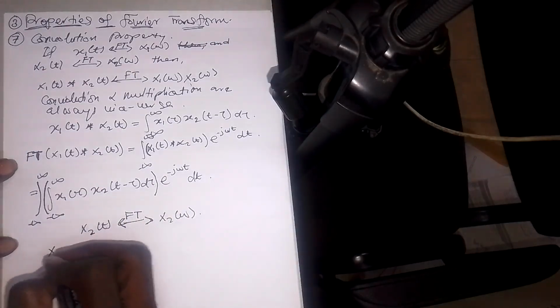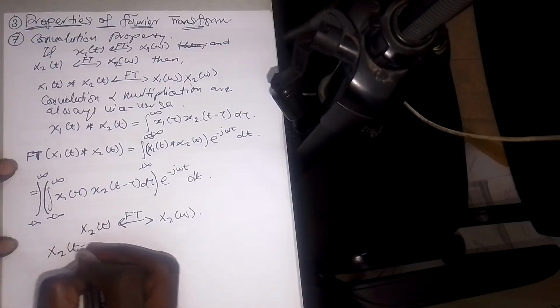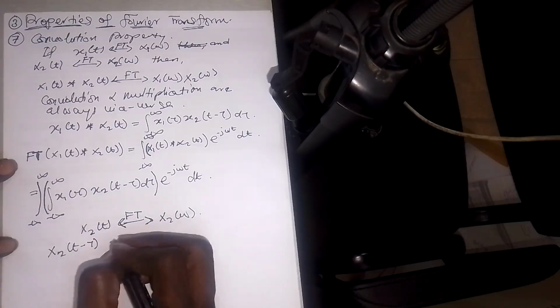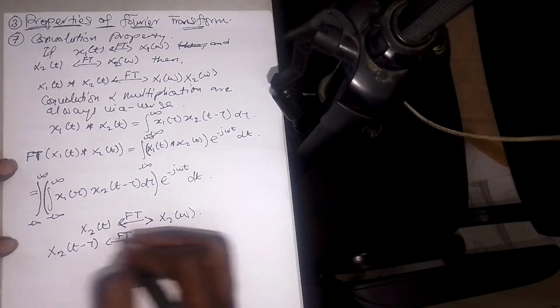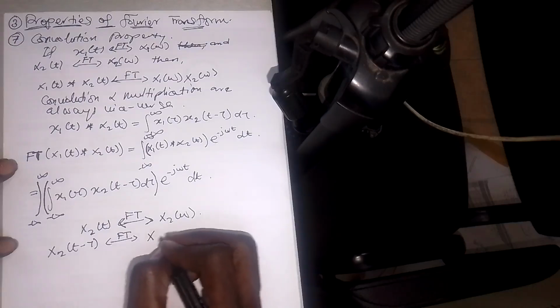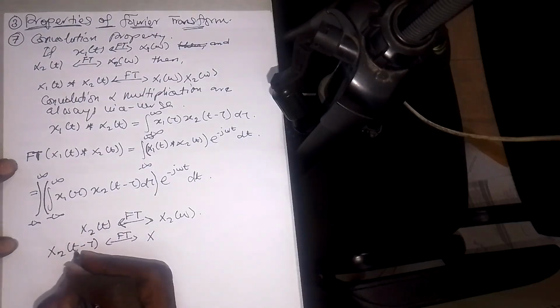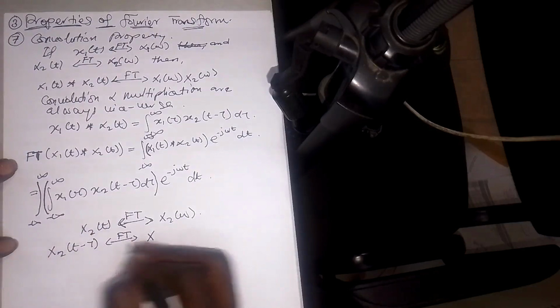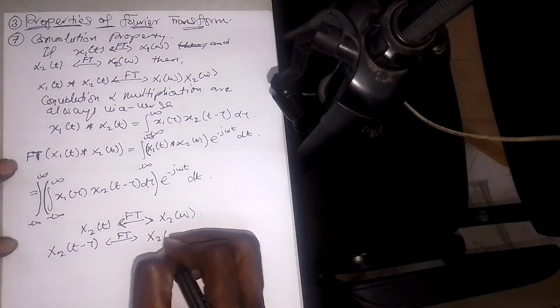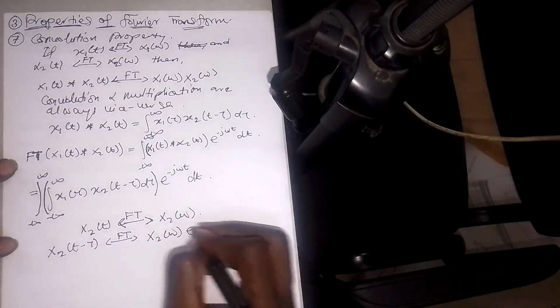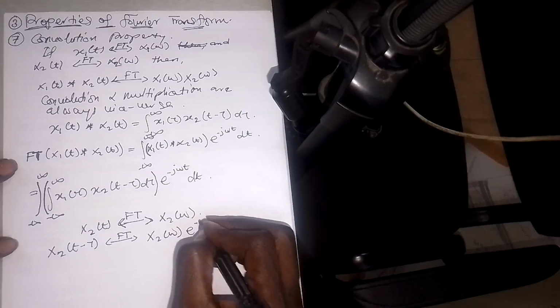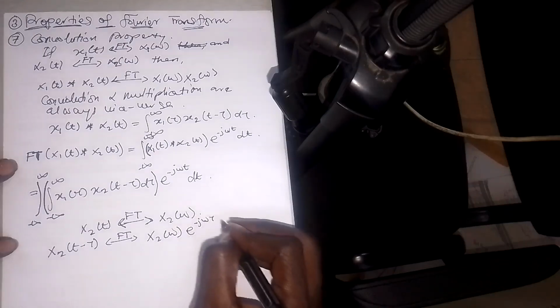So if I have x2 of t minus tau, then it's going to give me a Fourier transform of x2 of omega into e to the minus j omega tau.